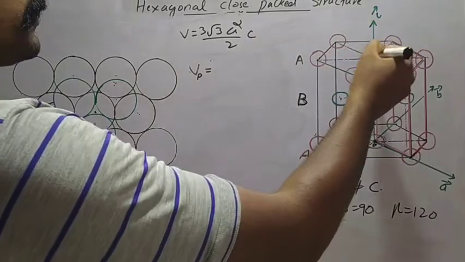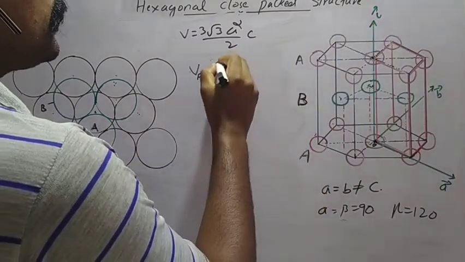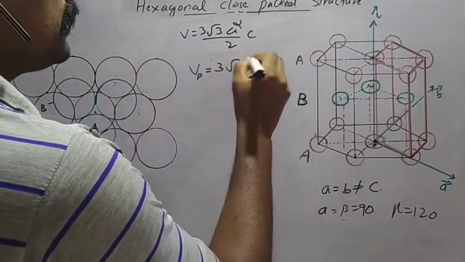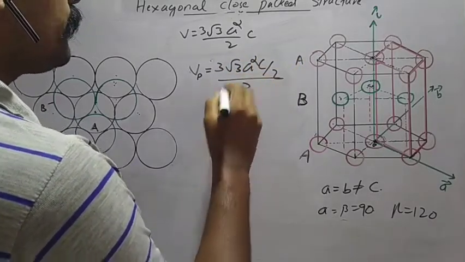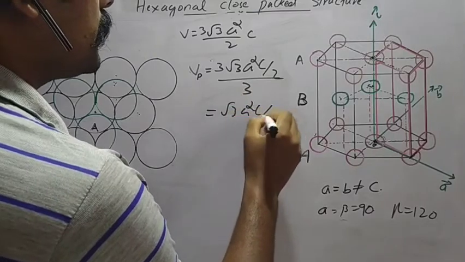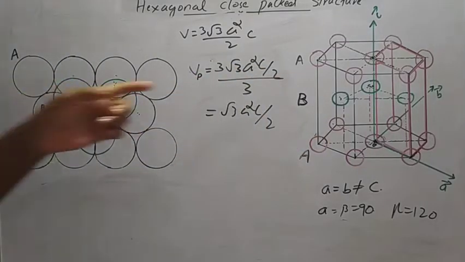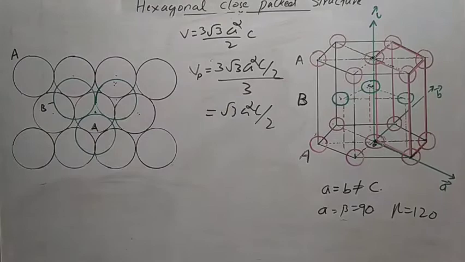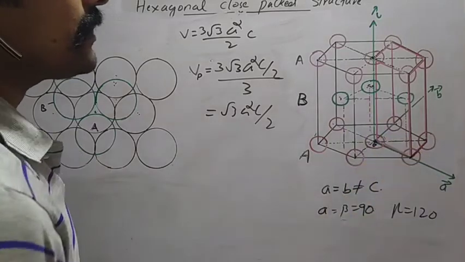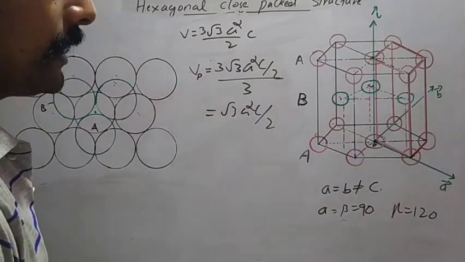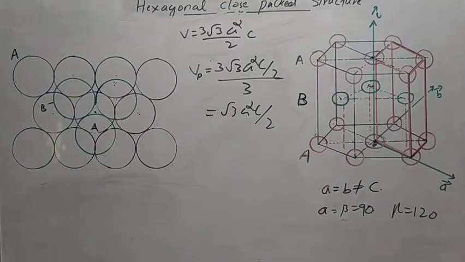Okay, so volume of this primitive unit cell is equal to volume of the unit cell divided by 3, equal to under root 3 a square c by 2. Okay, so this is the volume of primitive unit cell. Actually, a primitive unit cell we define as the unit cell with effective lattice point equal to 1.